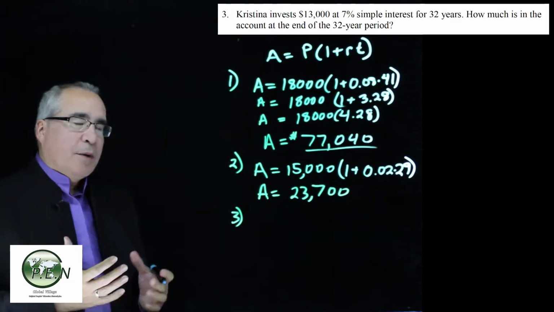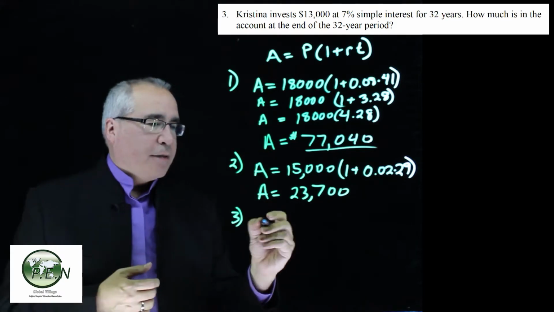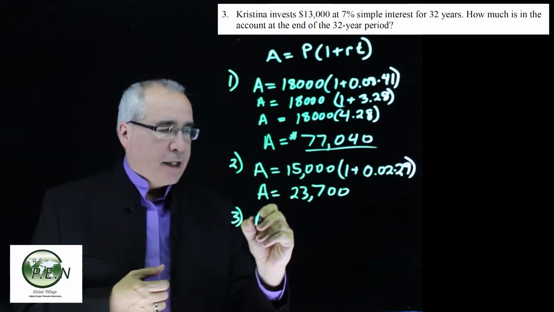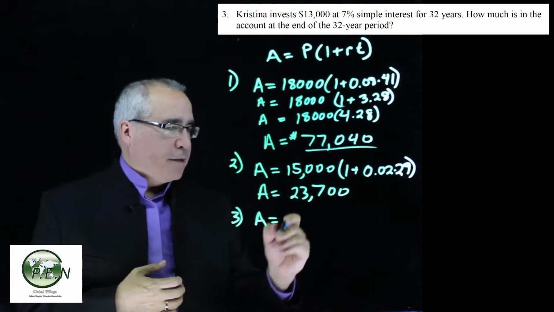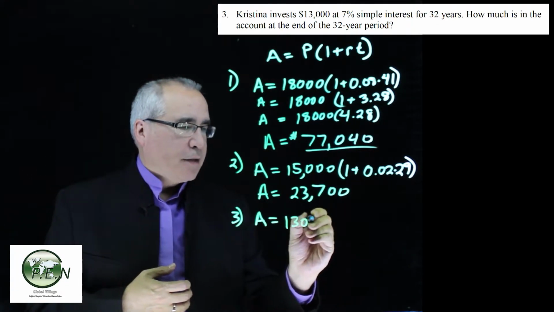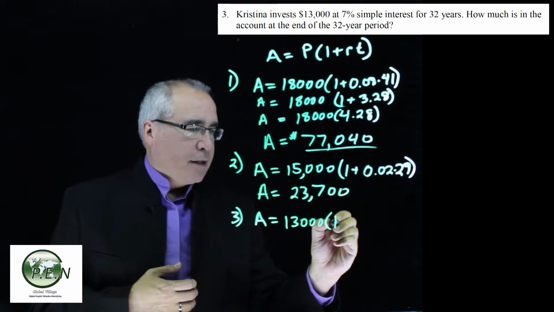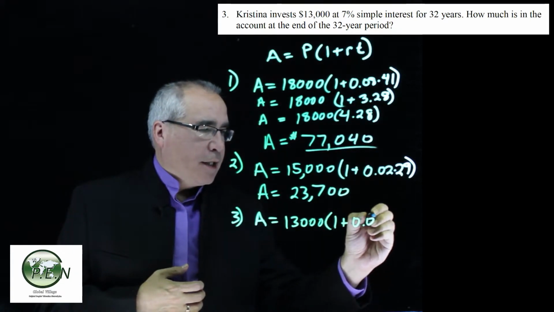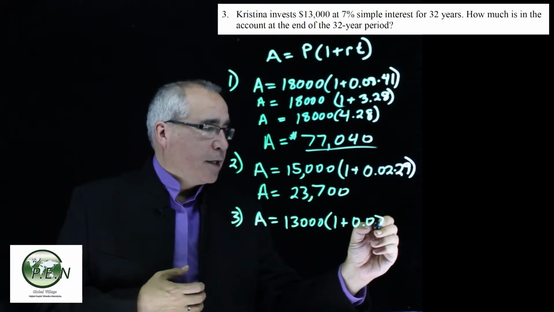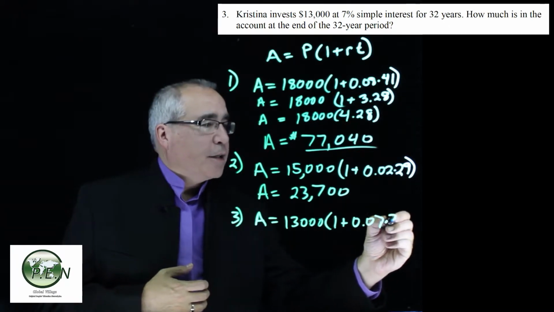Okay, 3, we have Christina. She's going to invest 13,000. And again, we look ahead, they want the accumulated value. So we put in 13,000. She gets all her money back plus 7% simple interest for 32 years.